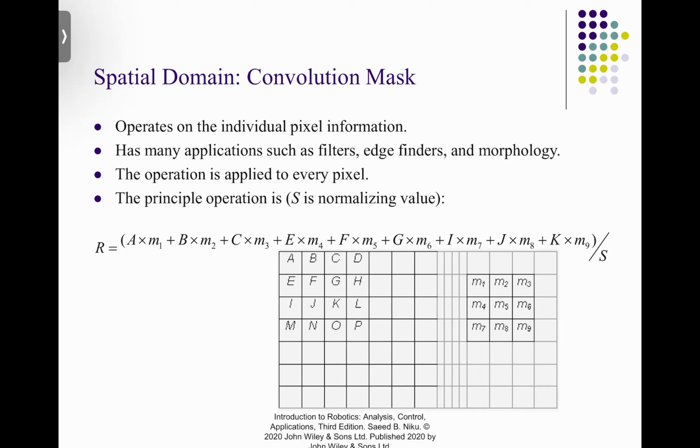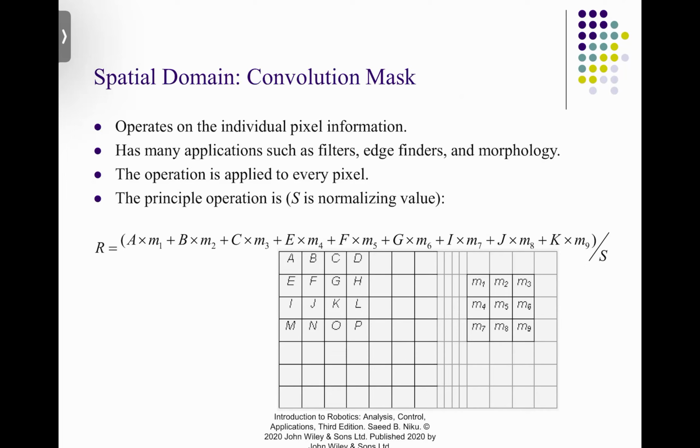Now, I want to perform some type of masking operation or convolution operation. Here is what I'm going to do. I'm going to use this matrix M1, M2, M3, M4, M5, M6, M7, M8, M9. So these are all numbers.